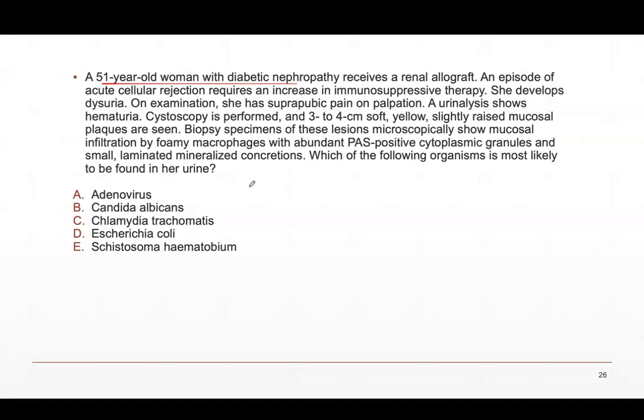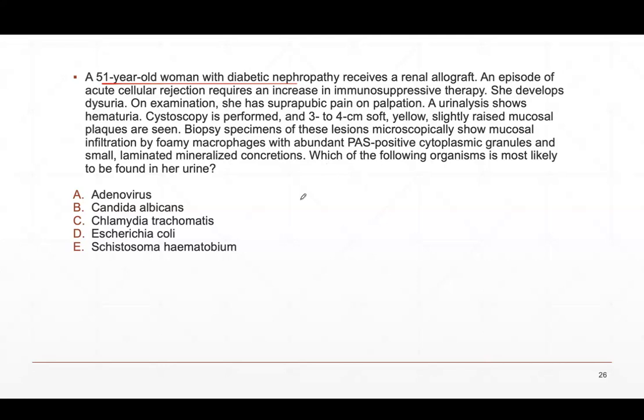Then they did a cystoscopy, and 3 to 4 centimeter soft yellow, slightly raised mucosal plaques are seen. Biopsy specimens of these lesions microscopically show mucosal infiltration by foamy macrophages with abundant PAS-positive cytoplasmic granules and small laminated mineralized concretions. Which of the following organisms most likely is to be found in her urine?